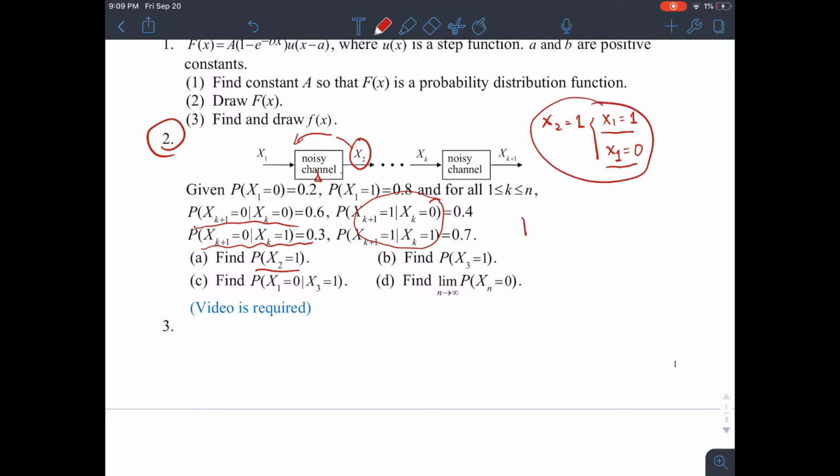If we look at problem 2, we need to find P(X3 = 1). The system is like X1 going through noise to X2, then another noise to get X3.